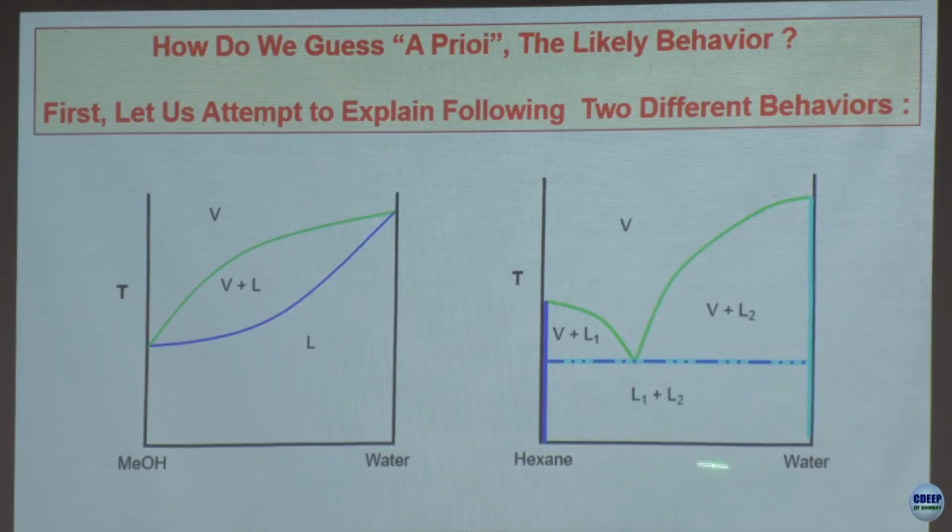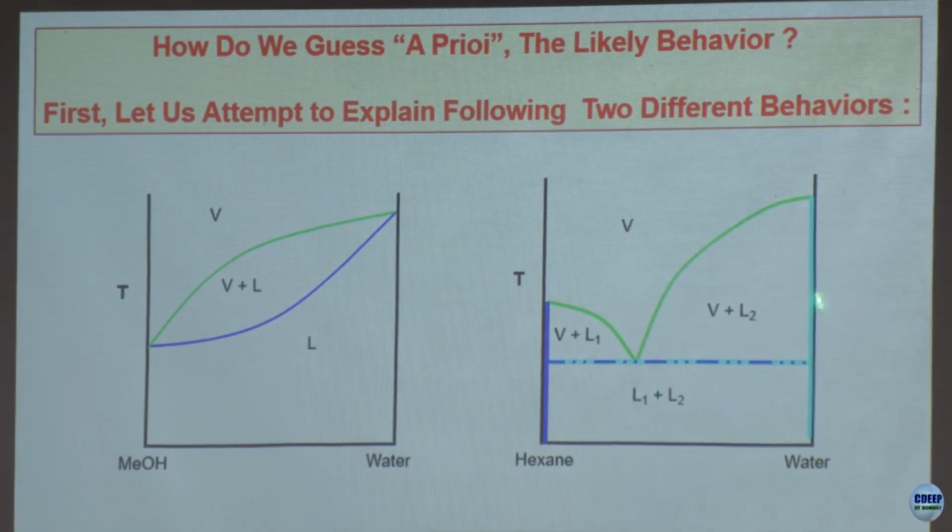And then we have hexane and water, where this particular line is the completely liquid hexane phase. This line is the completely water phase, nearly pure water with thermodynamic activity almost equal to 1, mole fraction equal to 1. Nearly pure hexane, thermodynamic activity equal to 1, mole fraction equal to 1. Okay. So this is the difference between these two.